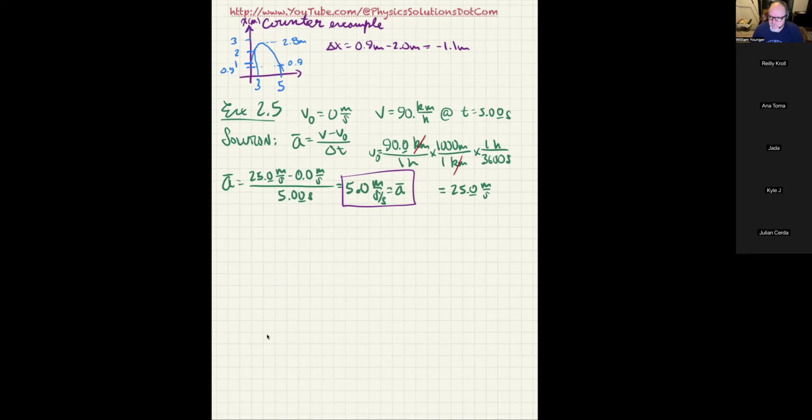After 1 second, it'd be going 5 meters per second. After 2 seconds, it'd be going 10. After 3 seconds, 15. After 4 seconds, 20. After 5 seconds, 25.0 meters per second. So you see that the velocity changes by 5 meters per second each second it's traveling. So that's why I want you guys to read it as meters per second per second.